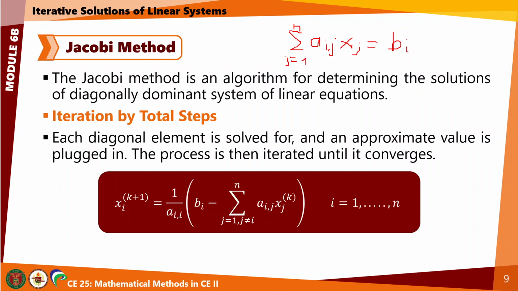So, yung summation ng lahat ng A, sa isang row ha, for one row, yung summation ng ating coefficients, product ng coefficients and unknown is equal to your B. Di ba yun yung pinaka-equation talaga na sinasolve natin per line, I mean per row.